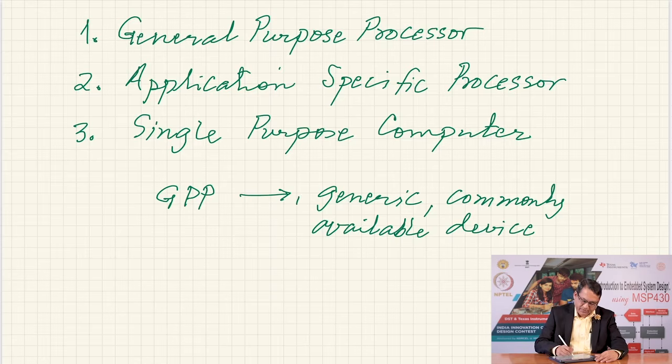This is one method. The second method could be that you could design your own. You could design a processor of your choice using contemporary techniques, and this would be a custom approach.